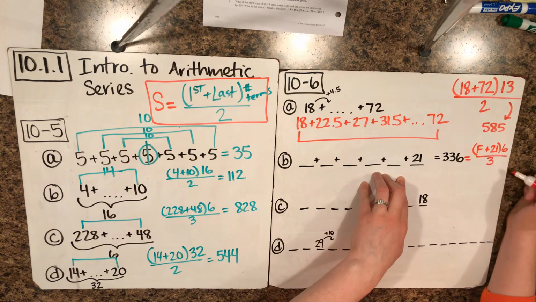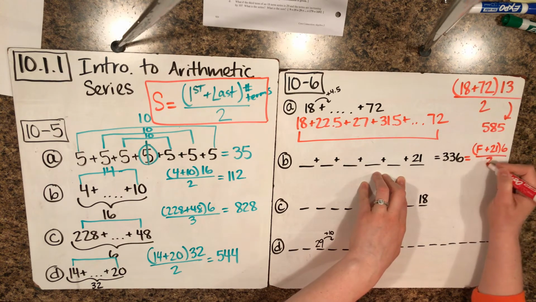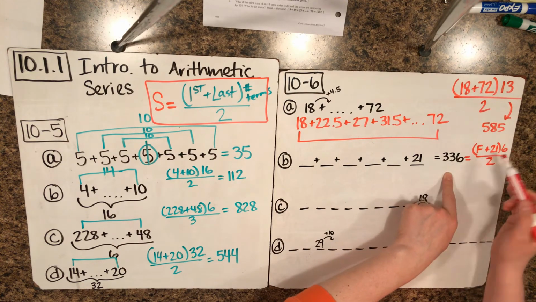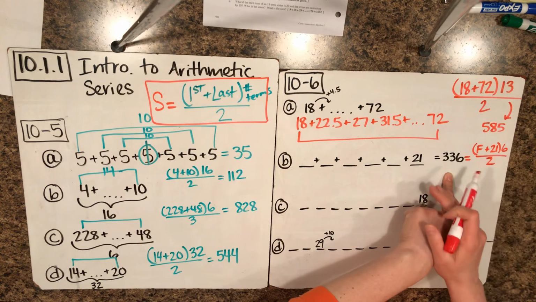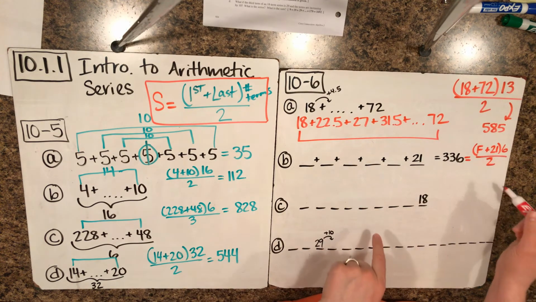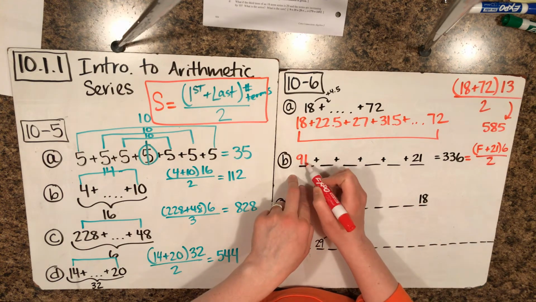So if I just work backwards and solve for F, I can get the right answer. Multiply times 2, divide by 6, or you certainly could just have divided by 3 to start with, subtract 21, and you should get that your first term is 91.